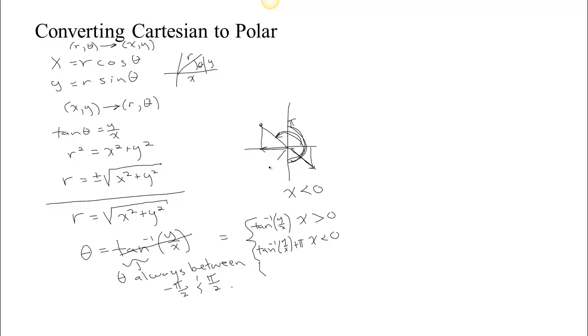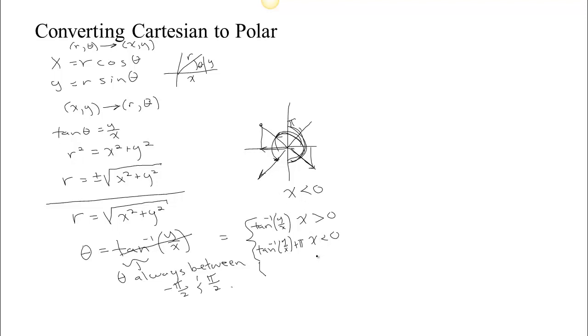The same thing would happen over here, right? If you needed to have this angle over in the third quadrant, arctangent would actually give you the one in the first quadrant, and you just adjust by adding pi. So if x is less than 0, that's definitely what's going to work.